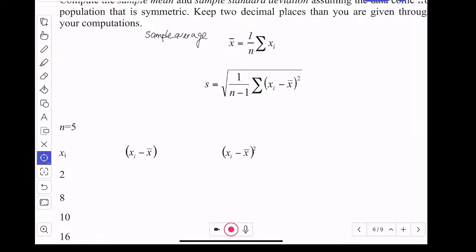That's what it's about. So you need to be able to read statistics. And when you see something like this, sigma with an n on the bottom, or maybe something close to an n value, you know you're averaging. So this is the sample average or sample mean. And here is the sample standard deviation.